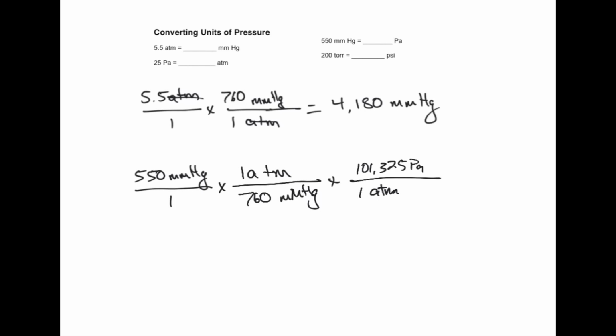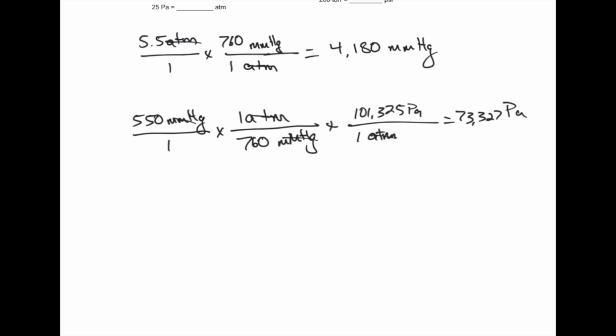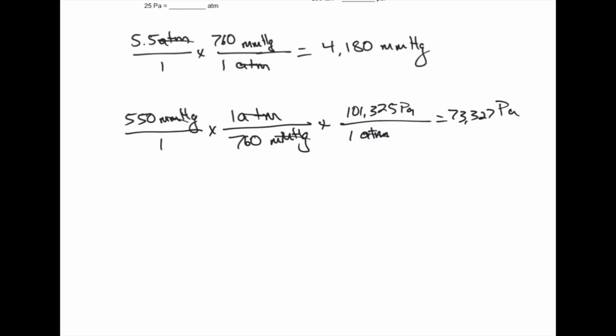All right, and so we can cancel our units of millimeters of mercury and our units of atmospheres, which leaves us with just the units of pascals, and you can multiply your fractions across, and you should get something like 73,327 pascals.